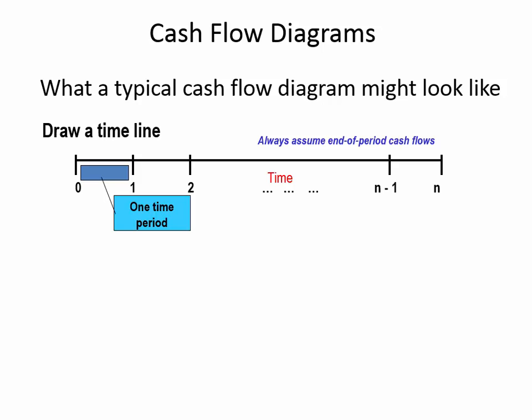So if it's a problem for 5 years of monthly payments, you would make 60 tick marks. If right now you're 20 years old and you think you're going to retire when you're 85 years old, so you're working for 65 years, you put 65 more tick marks, and you could diagram your cash flow.